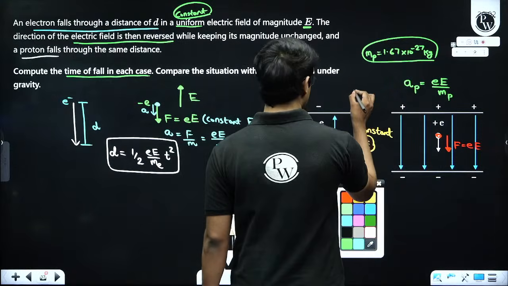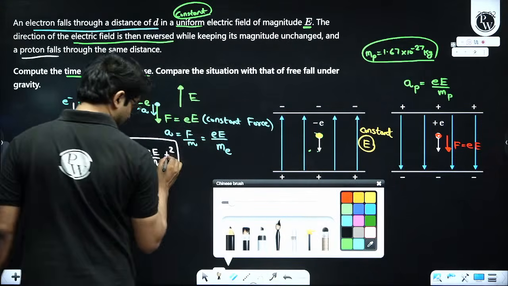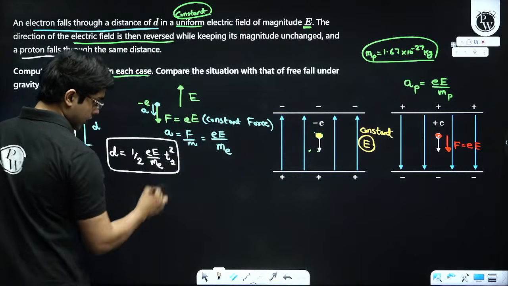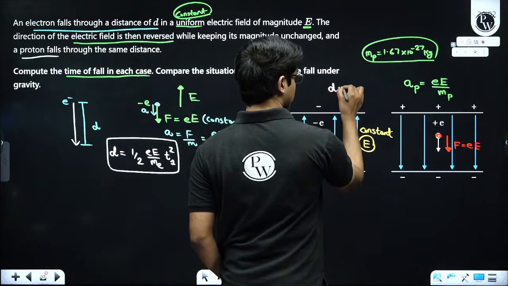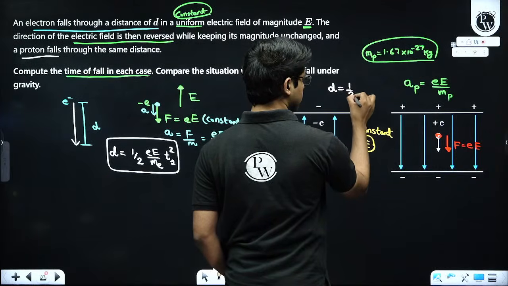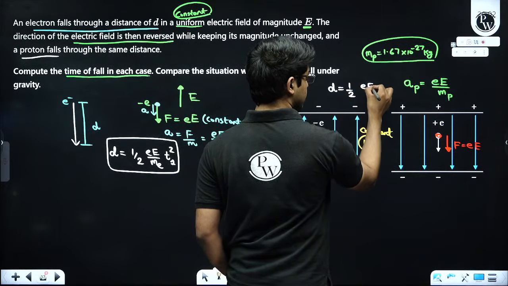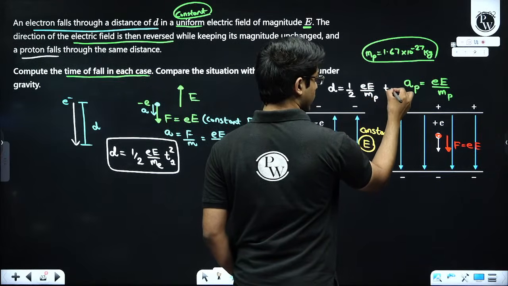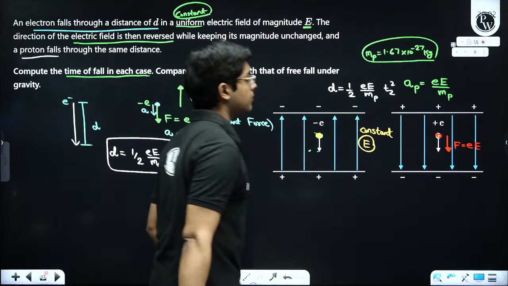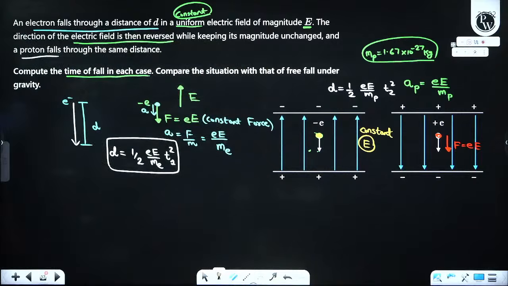So if this is the time taken by the electron, which I am calling T1, time taken by proton, you can use the same equation. D is equal to half, acceleration is EE by m, into T2 square, half AT square. Now if you want to compare the time, you can just divide these two, right?